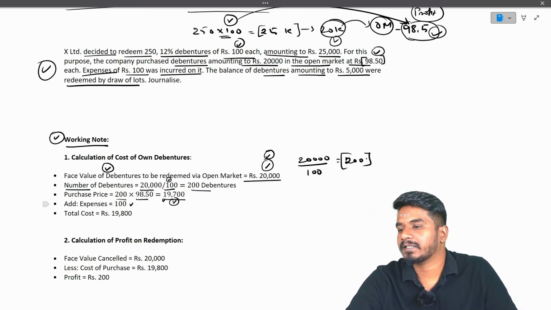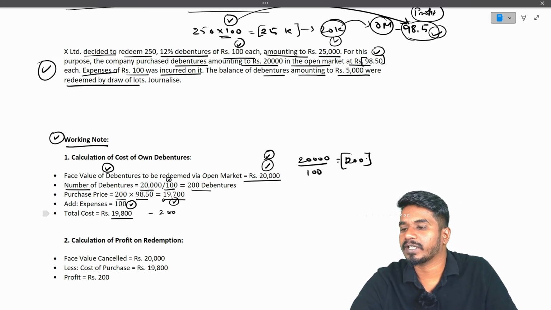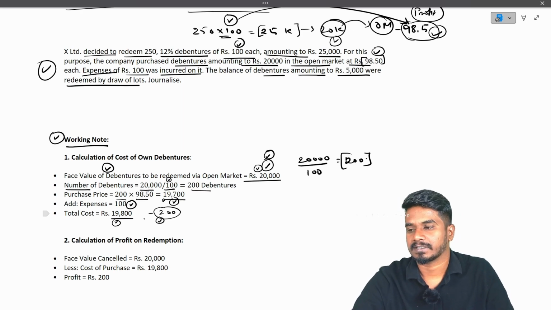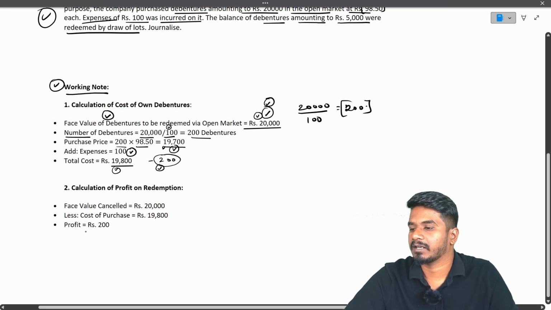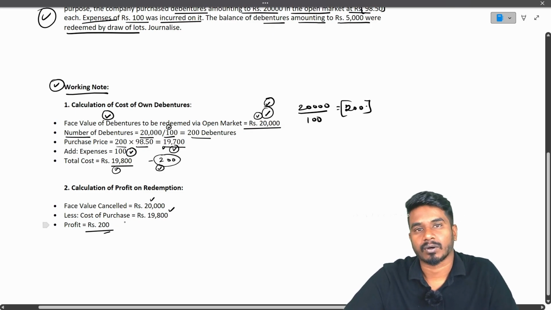They also incurred 100 rupees expense, so total payment is 19,800. So 20,000 minus 19,800 equals 200 rupees profit.